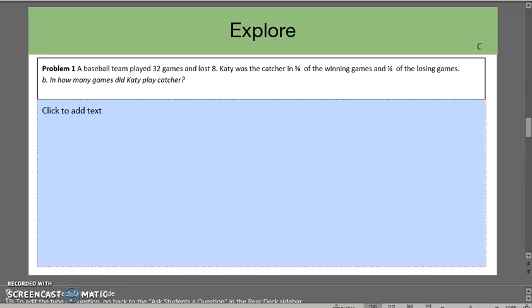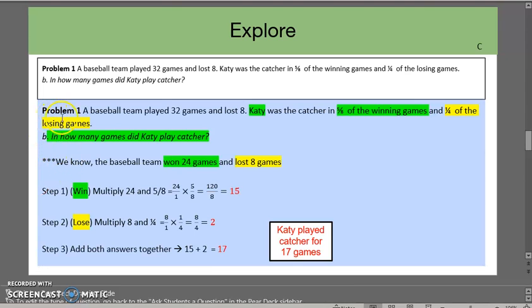So here we go. In looking at the problem, there's some information that's provided. We know that Katie was the catcher in 5/8 of the winning games and 1/4 of the losing games, right? So here we know from the previous problem that the baseball team won 24 games and lost 8 games.